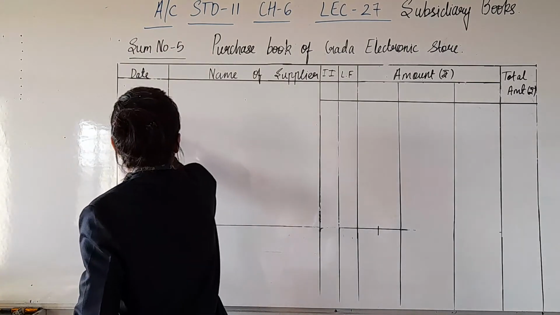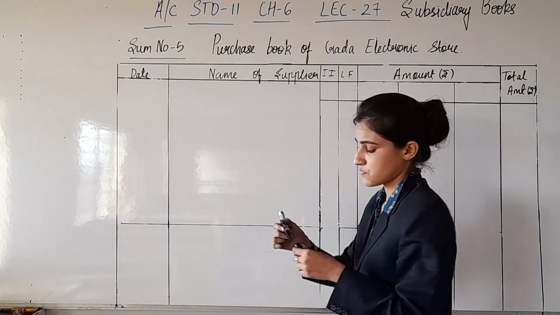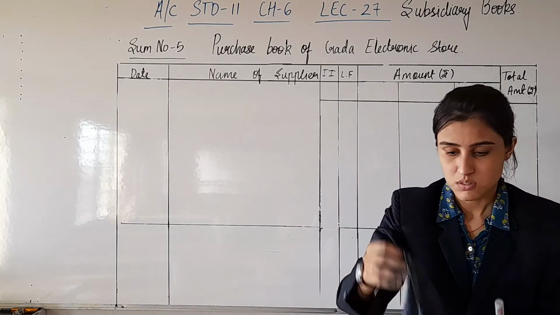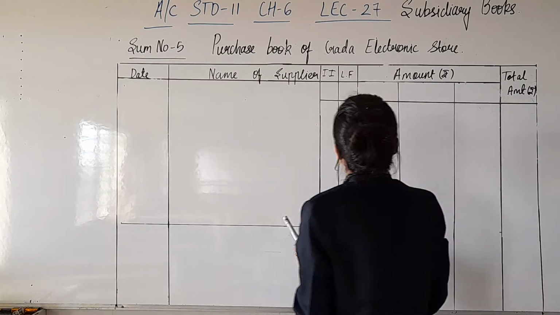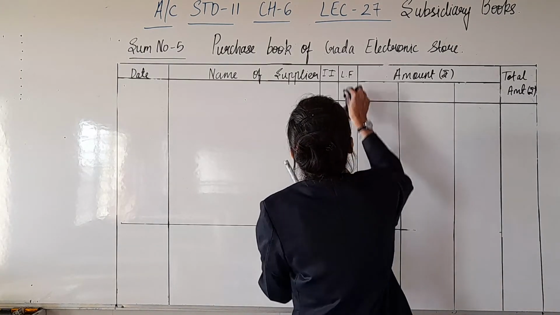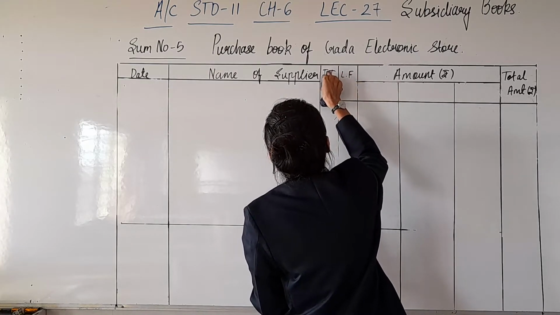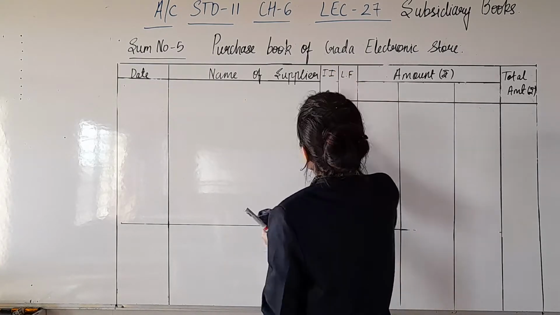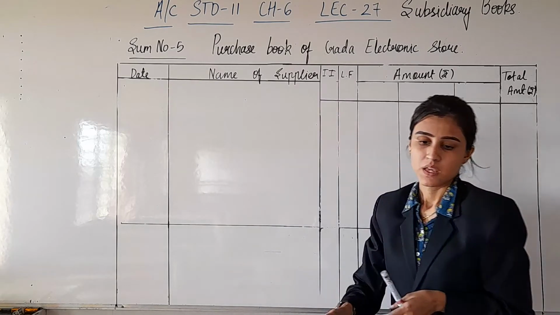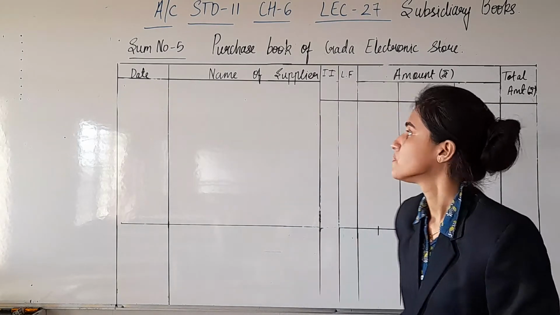Date, name of the supplier, inward invoice number, LF. The line can be extended here. It's your choice, there is no problem.